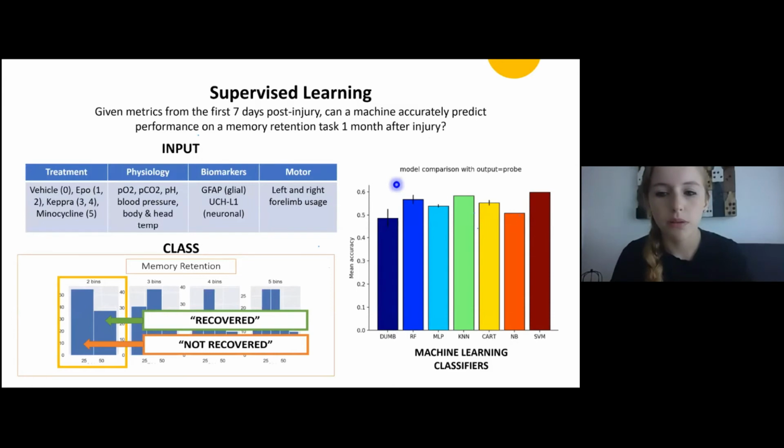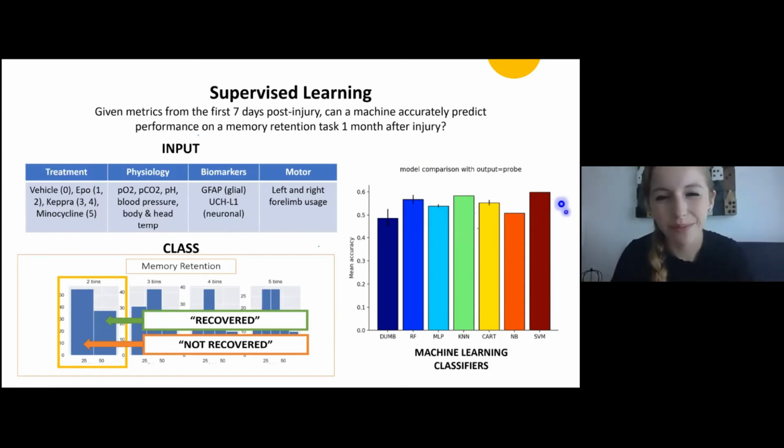So with that, a brief reminder, our first research question was: given metrics from the first 7 days post-injury, including treatment, can a machine accurately predict how an animal is going to be performing on that memory retention trial 30 days after injury? And in short, yes.